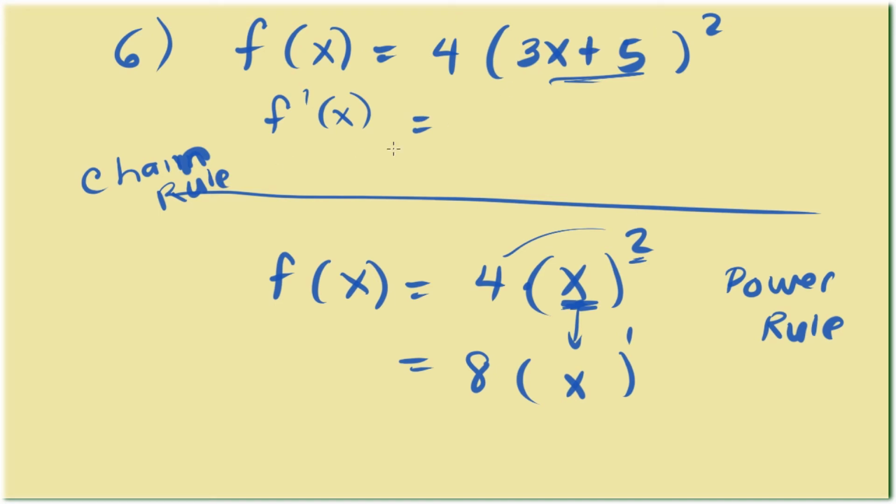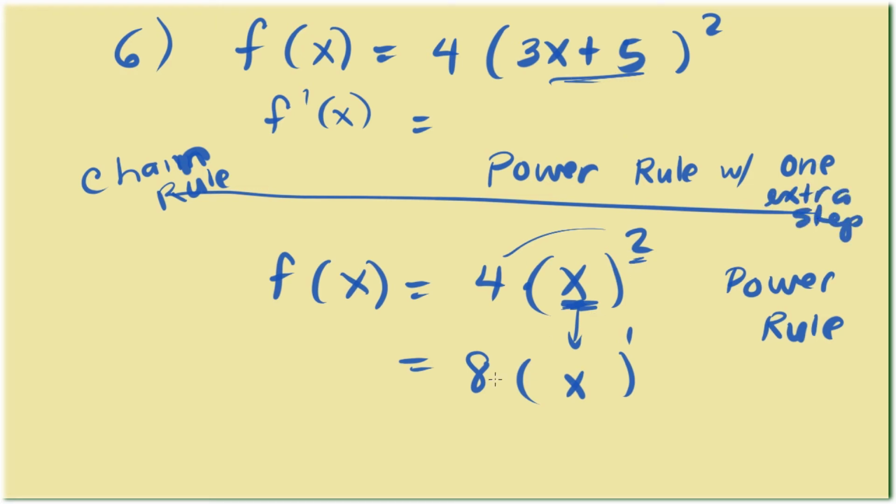It's a power rule. So this is my informal way to name a chain rule. It's a power rule with one extra step. Okay, so there's one extra step you have to do. So first thing you do is, just like the power rule, you multiply the 2 and 4, which is 8, and then you copy the base, okay? Like here, you copy the base x.